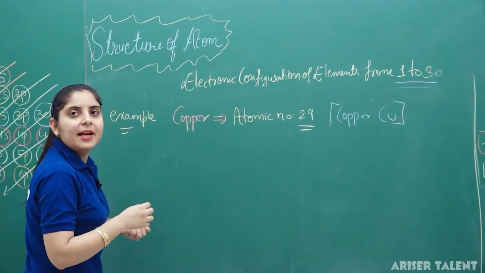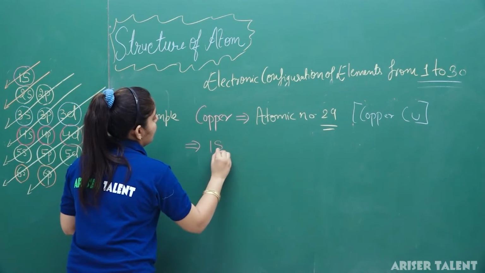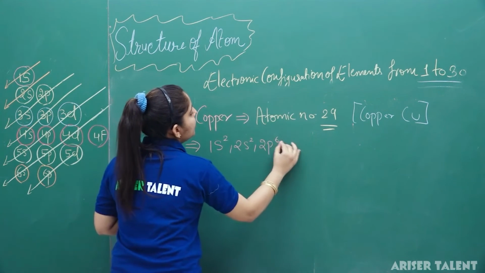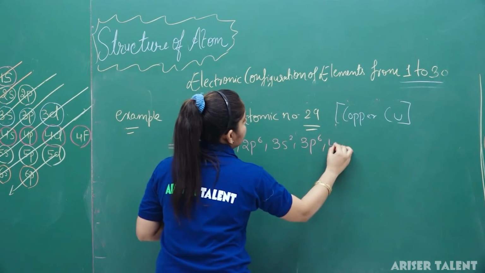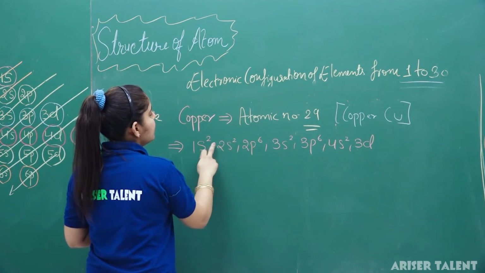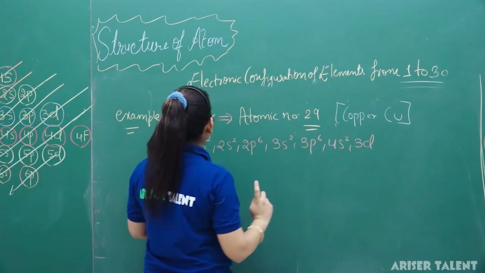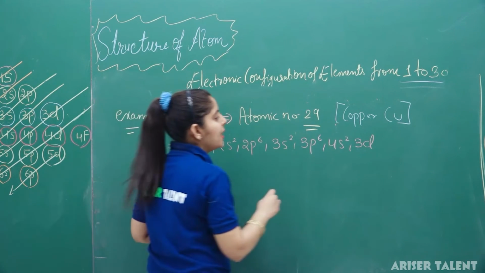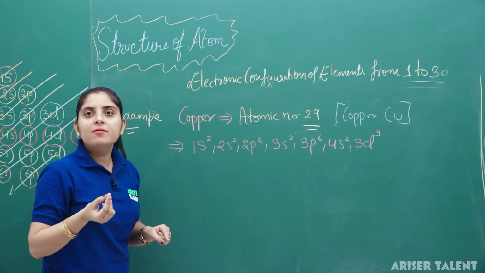Now how will we write the electronic configuration of that element? We can write 1s2, 2s2, 2p6, 3s2, 3p6, 4s2 and 3d9. Now, the atomic number for copper is 29, so if I write 9 over here, its electronic configuration will be this.